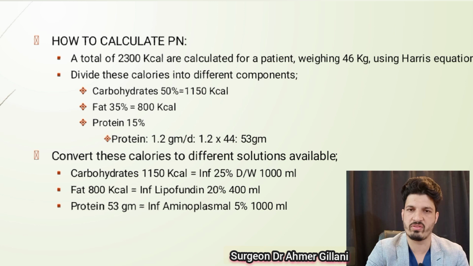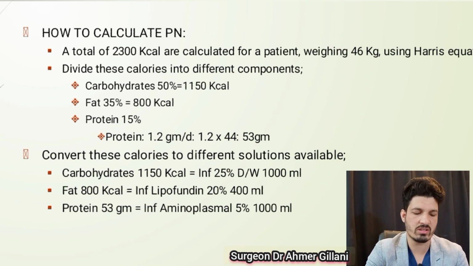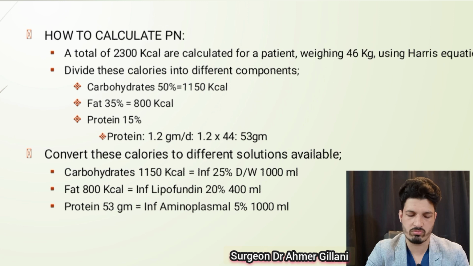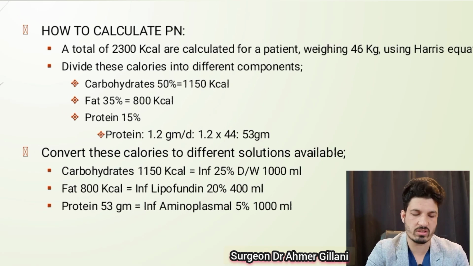Carbohydrates 50%, half of the 2300, it will become 1150. Fats 35%, it will become 800 kilocalories, and proteins 15%. And protein, here we will give 1.2 gram per kg per day, so we will multiply it and it will come almost 53 grams. So we will convert these calories to the different solutions which are available.